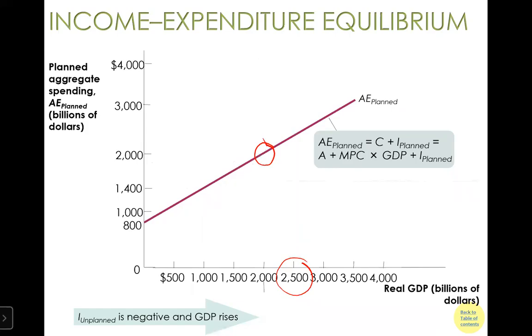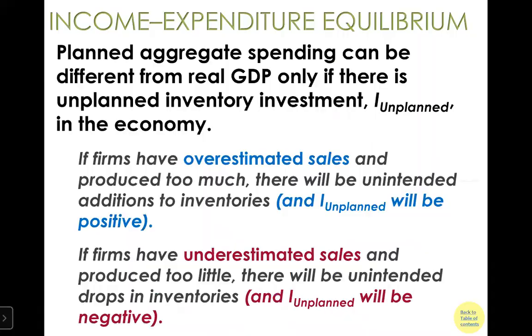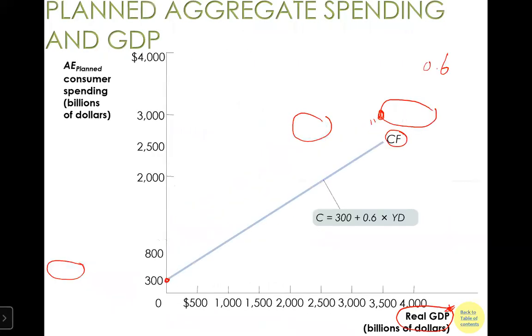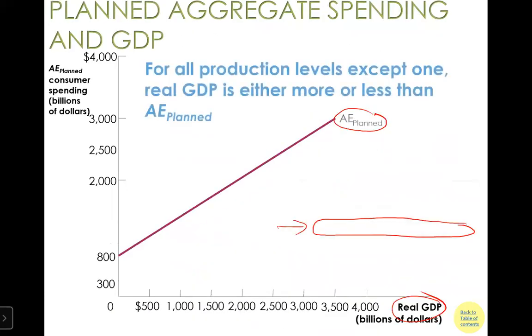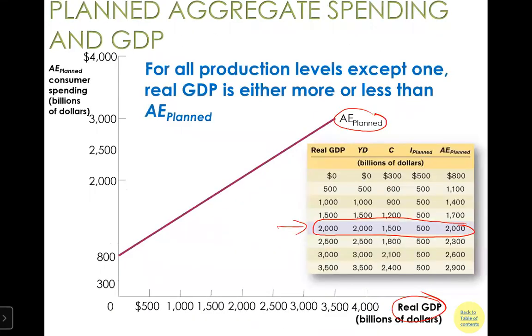Now let's go backward to see the original slides we skipped. We are in this slide, and we have this table. I just showed you there's one row where your real GDP equals planned expenditure, and then we are in equilibrium.